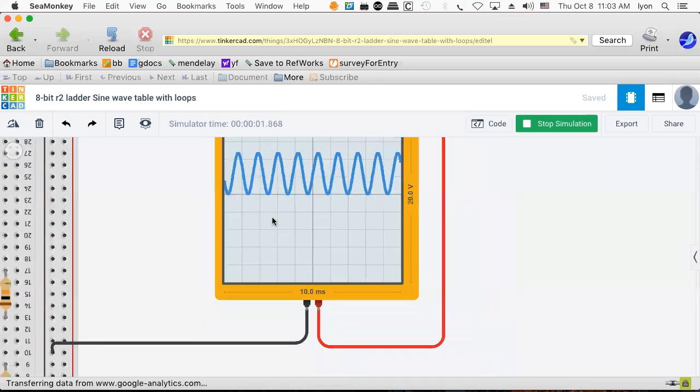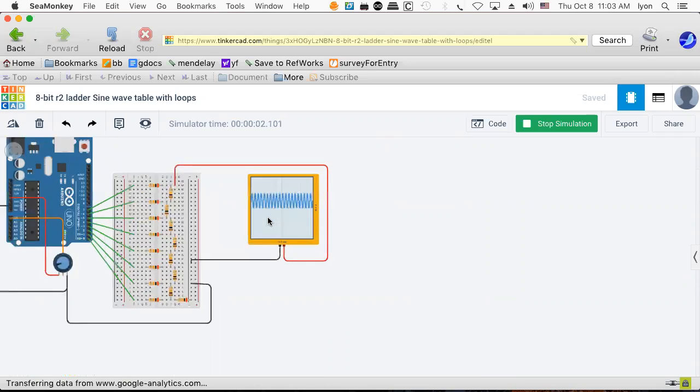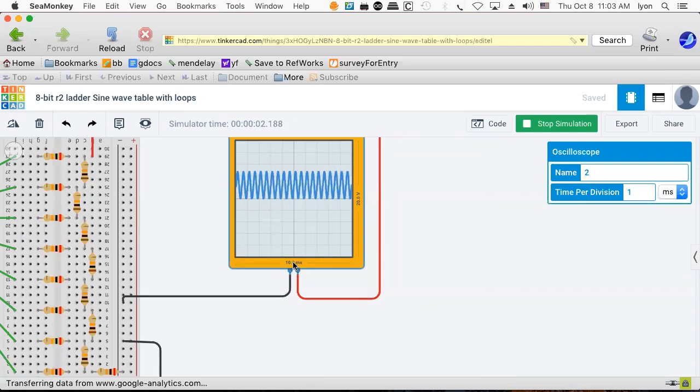And then if you wanted to speed things up a bit, let's see if we can do this. There we go. Now when you zoom in, I think you can change the scale. It's 1 millisecond per division right now. Yes, I see that. But this says 10.